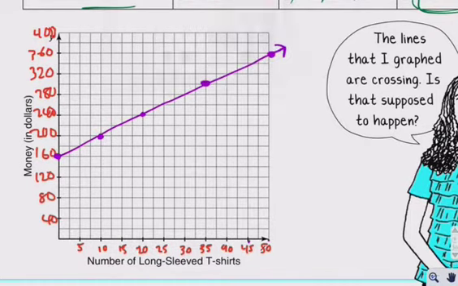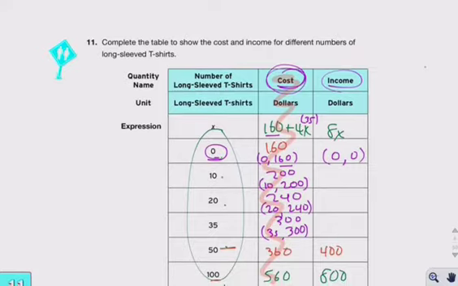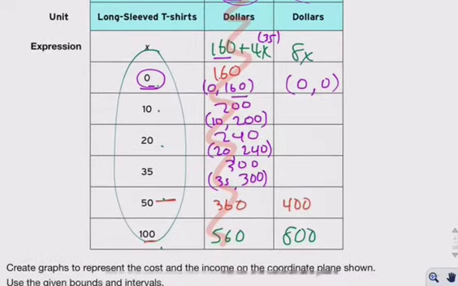Okay, now this is the cost line. And then the income line, okay, for 10 t-shirts, you'll make $80 because 10 times 8. Each shirt is $8. We may need to do this again so you guys understand it better tomorrow.